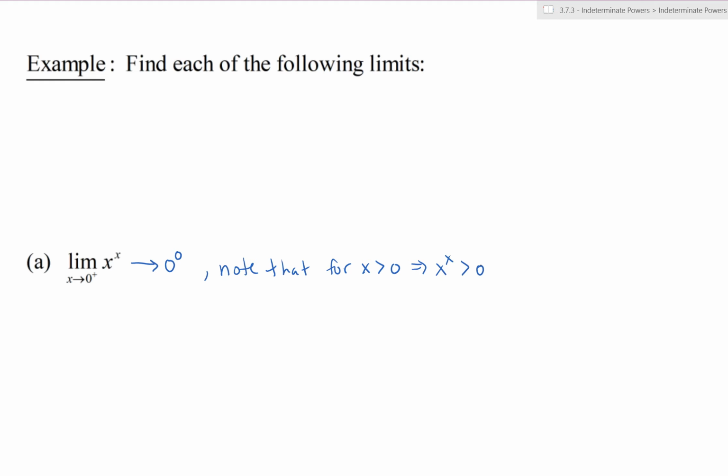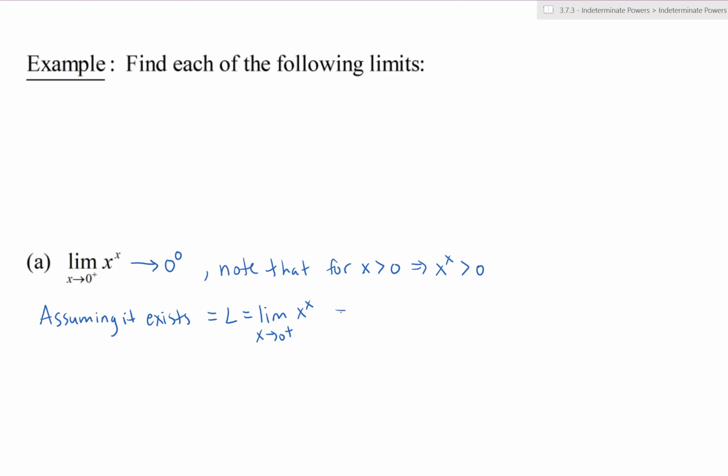Now, moreover, let's just pretend that this limit exists for the time being. Assuming it exists, right? Then we can call this limit L. And that is, set the limit as x goes to 0 from the right of x to the x equal to some number L, whatever it might be.